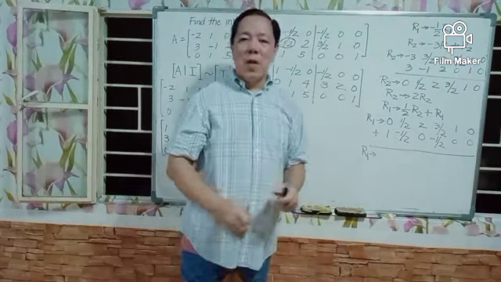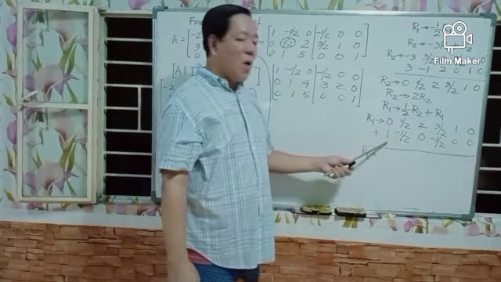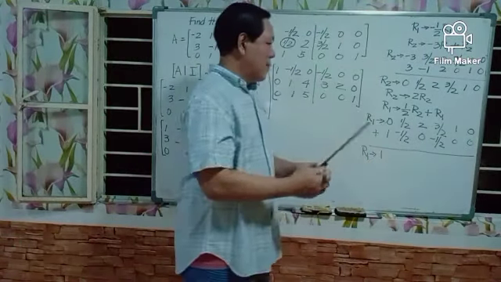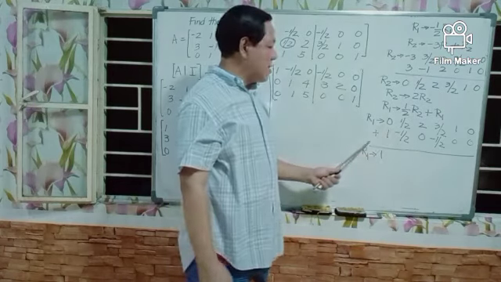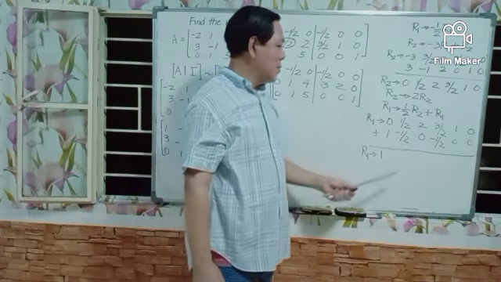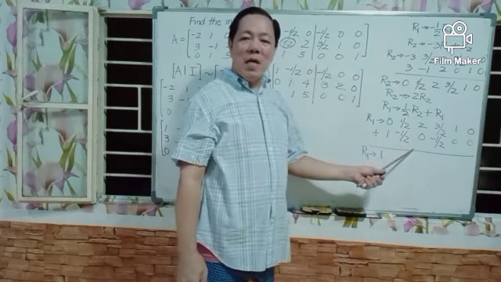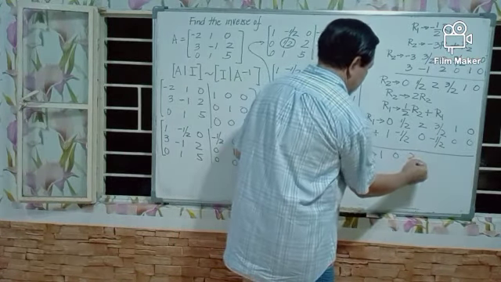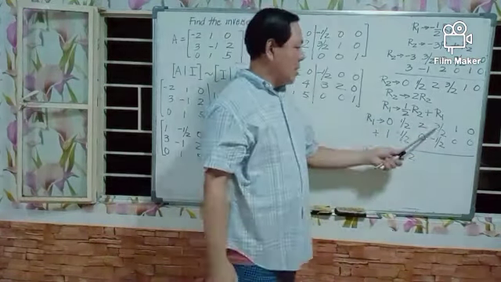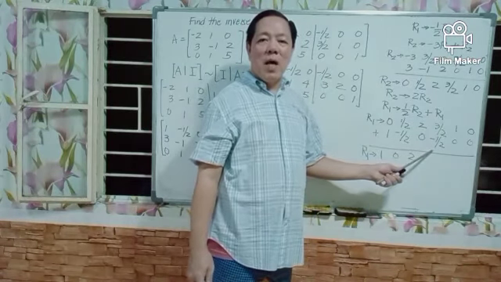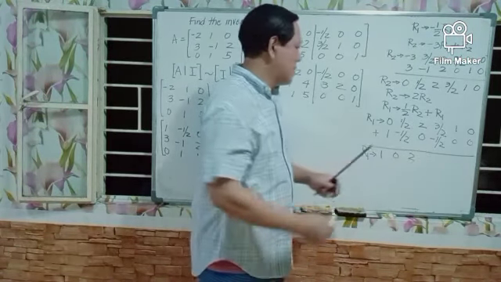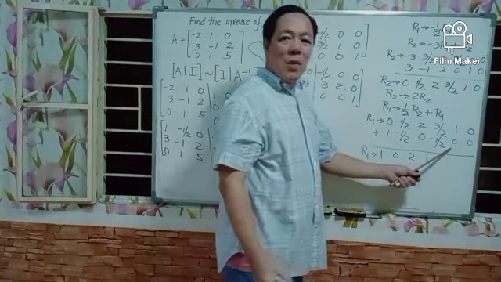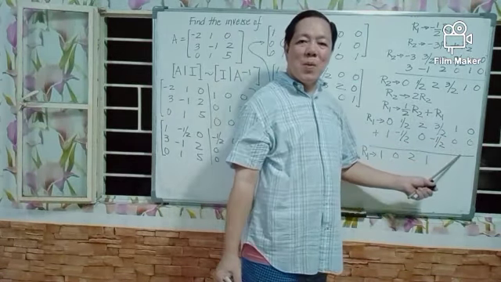And we perform the operation addition. 0 plus 1 is 1. 1/2 plus negative 1/2 is 0. And 2 plus 0 is 2. 3/2 plus negative 1/2 is 1. 1 plus 0 is 1. 0 plus 0 is 0.